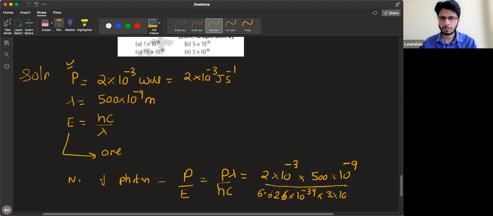So this is the number of photons emitted per second.